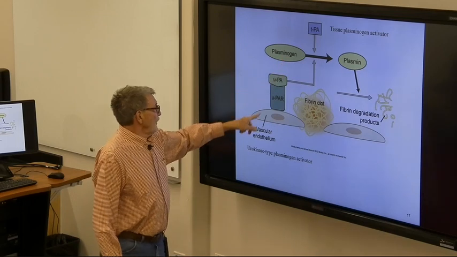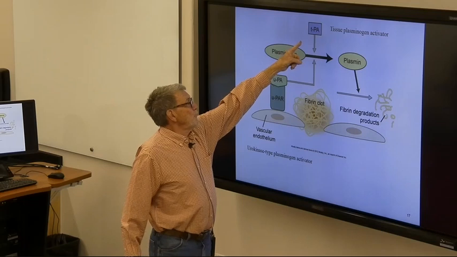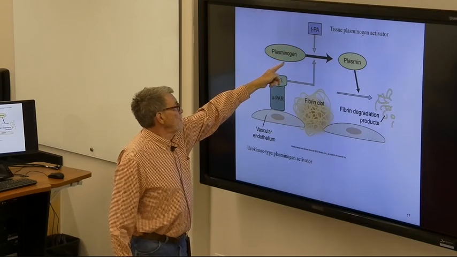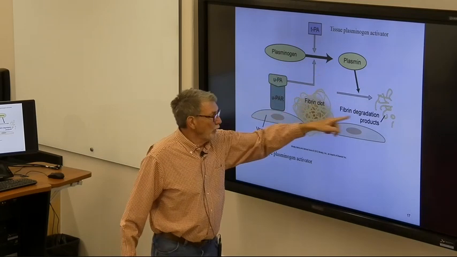There are other activating factors too, but tissue plasminogen activator activates plasminogen, the creator of plasmin. Plasmin then breaks the clot apart.